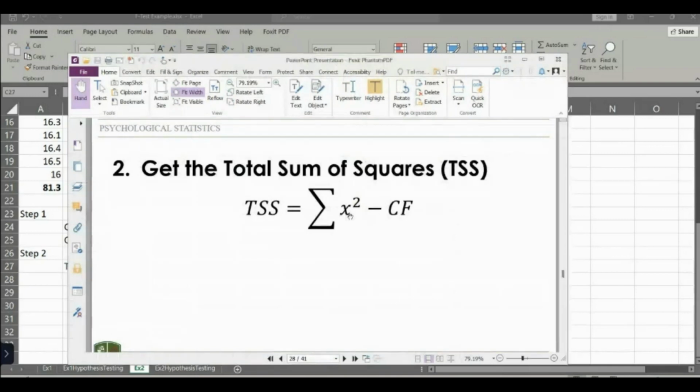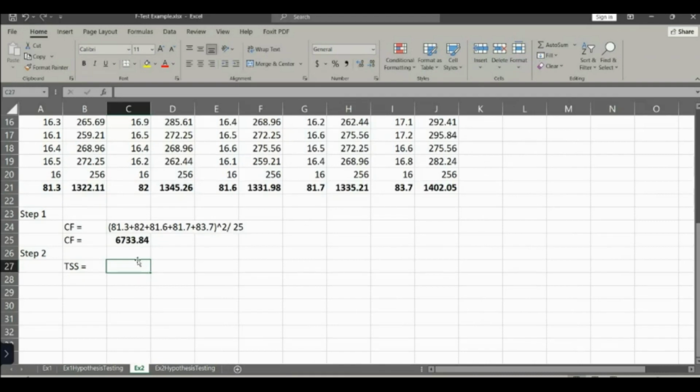By formula, that is simply the summation of all the squared ages minus the correction factor. Earlier, we used the raw ages of the teenagers. This time we'll be using the squared ages.